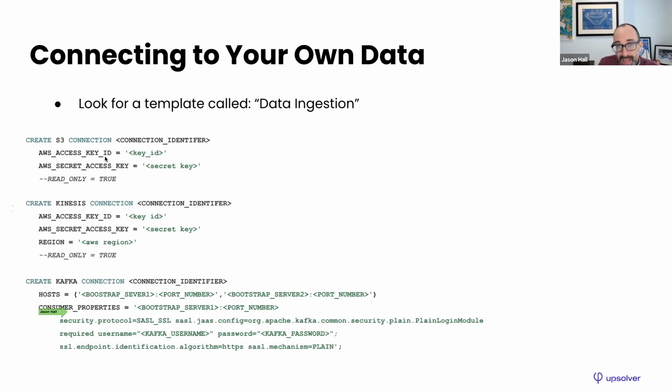How to connect to your own data. Somebody had asked a question: can you connect to your own Glue catalog? And the answer is absolutely. If you look for a template in the template catalog called data ingestion, you'll see a whole bunch of examples on how to make your own connections within SQL Lake. Connections to S3, connections to Kinesis, connections to Kafka. They all involve simply pasting in your own connection-specific properties to connect to your own data sources.